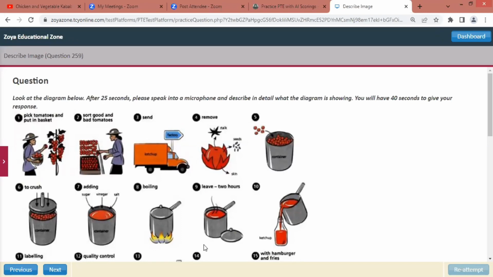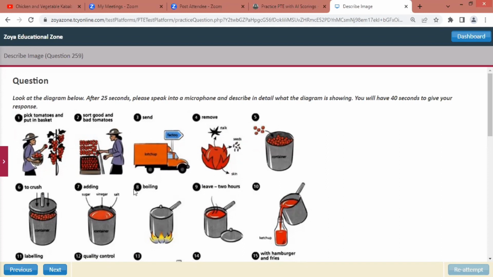So right now, again, we have one more flowchart. A diagram is there. 25 seconds preparation time, quickly. So picking tomatoes, sorted out, then baskets, then the hamburgers and the fries, then shifting the leaf for two hours.